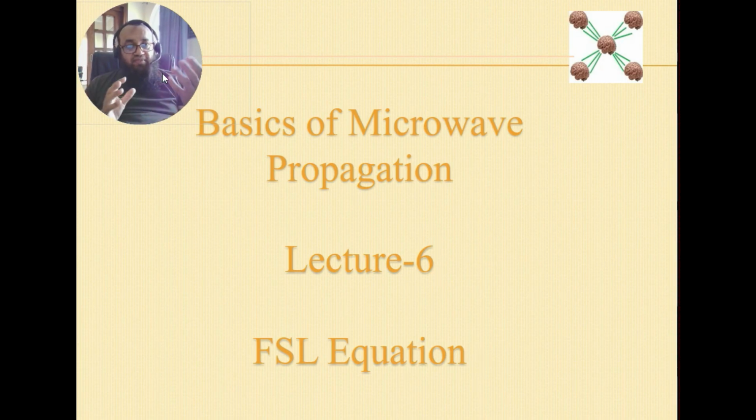The major part of the receive level comes because of the free space loss. It is the maximum loss that your signal takes. It's a baseline loss, and it can increase and decrease based on different things. But for a general consideration, for baselining, when I send something from here, what I am receiving here in this antenna is important.